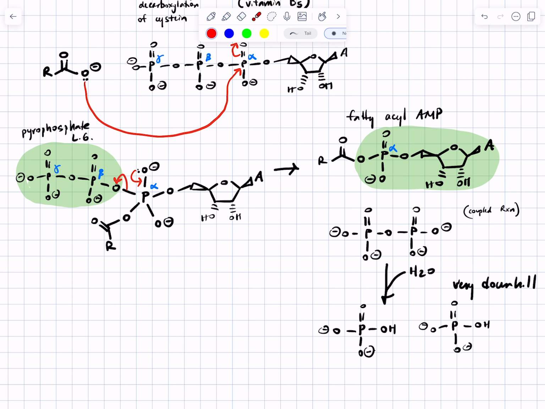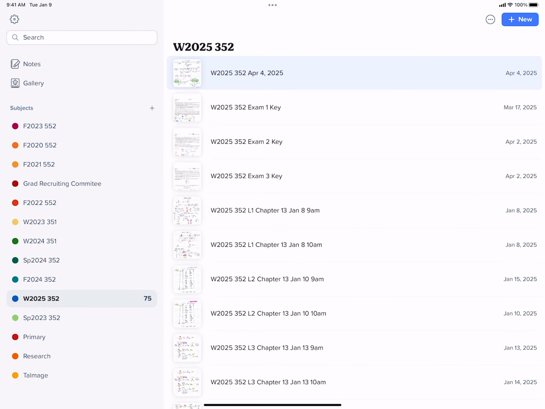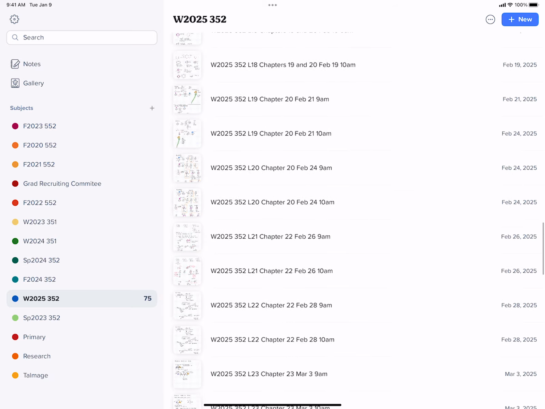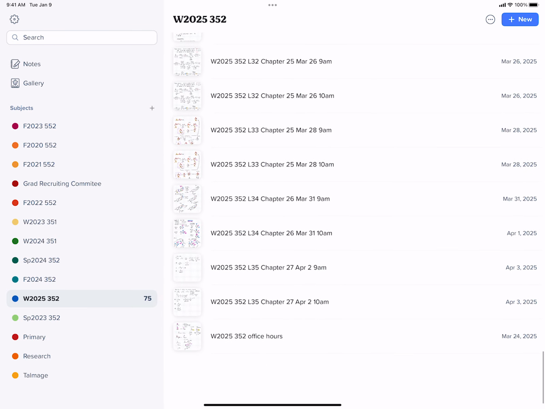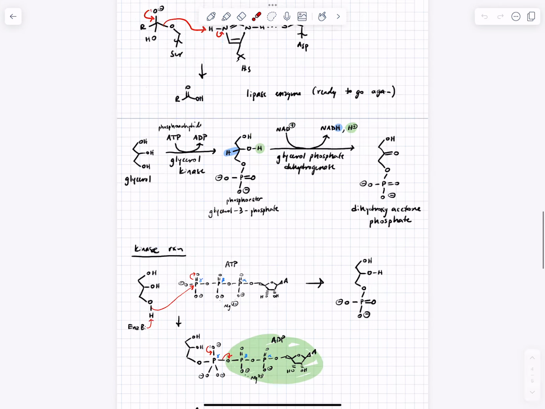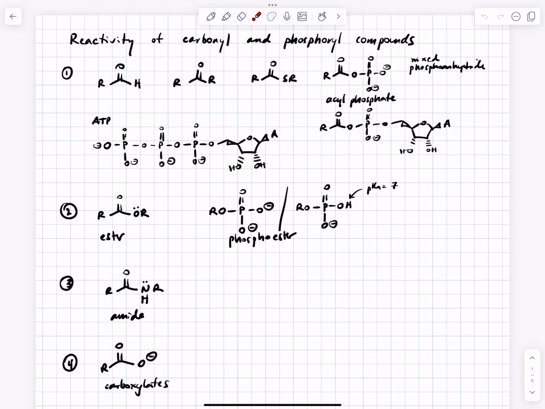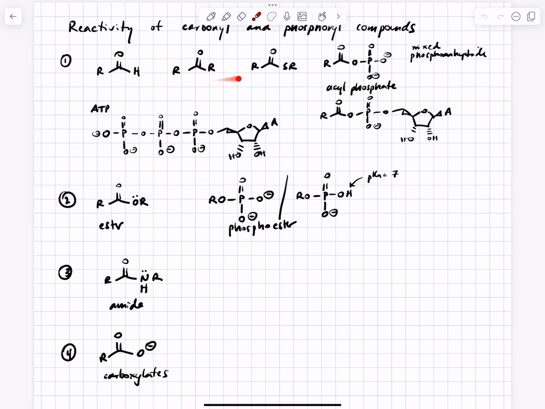Go ahead. I might have missed something, but what do you mean by the different levels of reaction? So yeah, let me just go back to that. We talked about that briefly last time, sort of ranking carbonyl and phosphoryl compounds in order of reactivity. Up at the top, you've got thioesters, acyl phosphates, and AMPs, aldehydes, ketones, ATP, phosphoanhydrides.